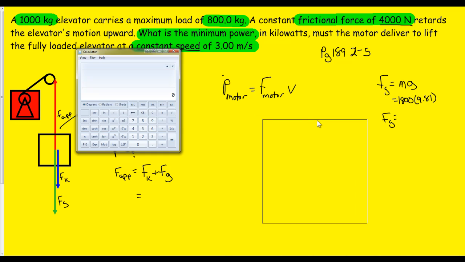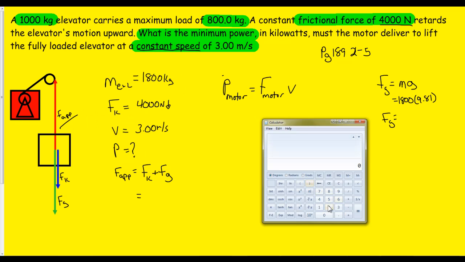So if I look at this, I want to take 1,800 times 9.81, and I get a force of gravity of 17,658. Let's keep significant digits: the 1,800 has 4, and the 9.81 only has 3.